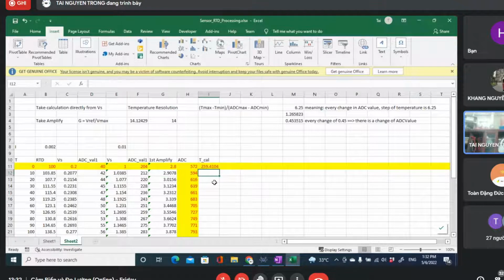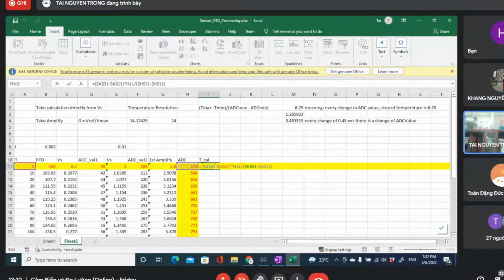Okay, and here is the result. This one will be minus this one constant.